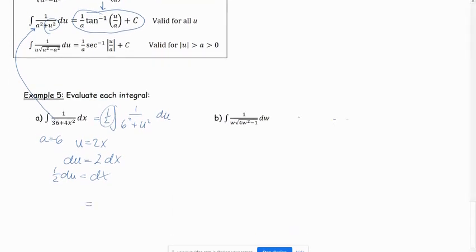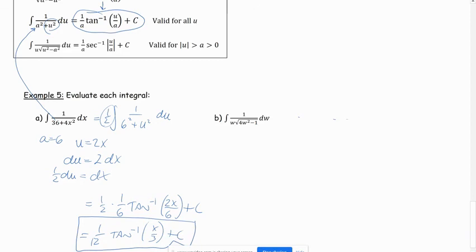And so now, according to the formula, we have 1/2, and our antiderivative is 1 over a, which is 1 over 6, inverse tangent of u, which in this case is 2x, over a, which is 6, plus c. And so we get, for our final answer, 1/12 inverse tangent of x over 3 plus c.